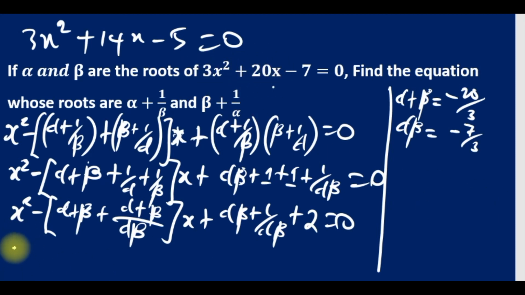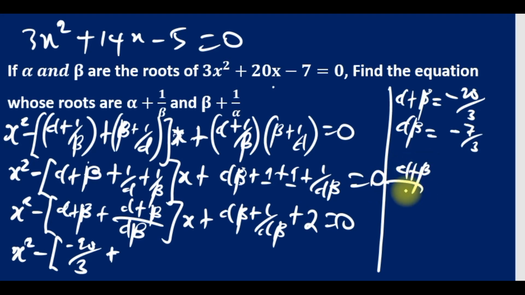So let's substitute. We have x squared minus alpha plus beta, which is minus 20 over 3, plus alpha plus beta over alpha beta. So let's do it here: alpha plus beta over alpha beta is minus 20 over 3 over minus 7 over 3, which is 20 over 7.